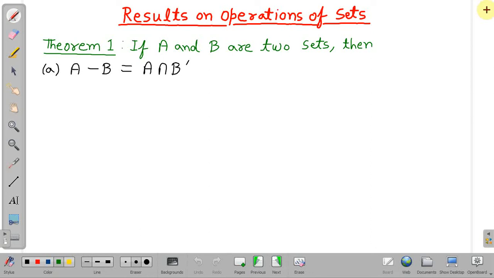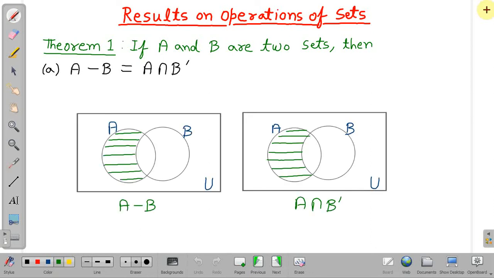We will take this through a Venn diagram. If you see this figure, this green shaded portion is the set A elements minus the A intersection B elements.